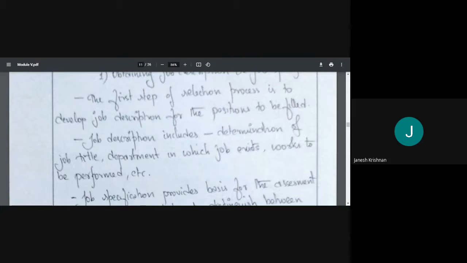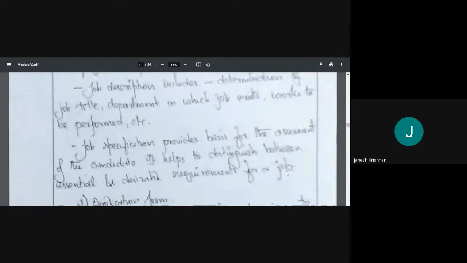If my company is having multiple works, maybe construction of buildings, maybe roads, or harbor, whatever department I have, that is where the requirement is. And the works to be performed: what works are to be performed by him? Whether the requirement is of a junior site engineer or a senior site engineer will depend on that. The next thing is job specification.